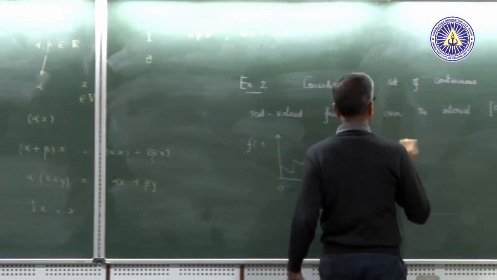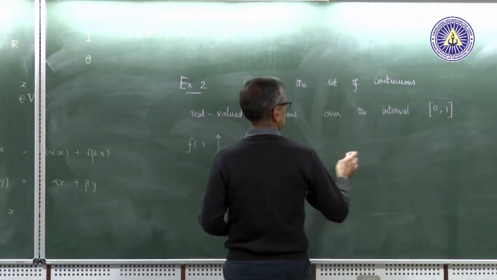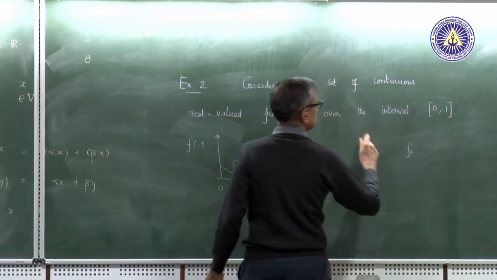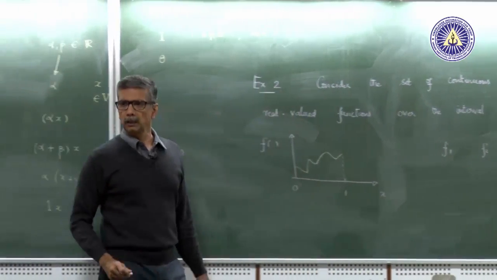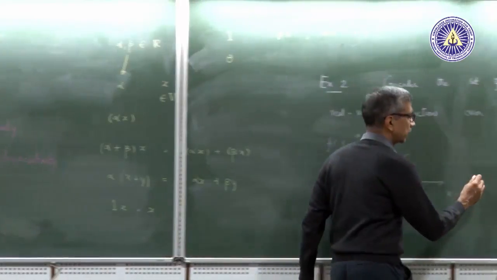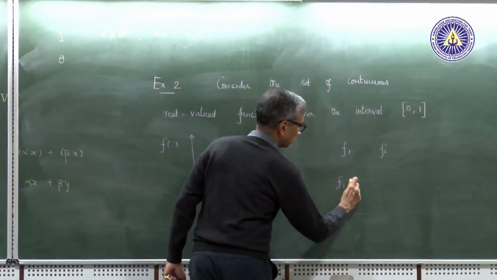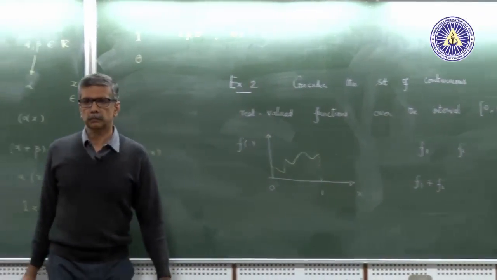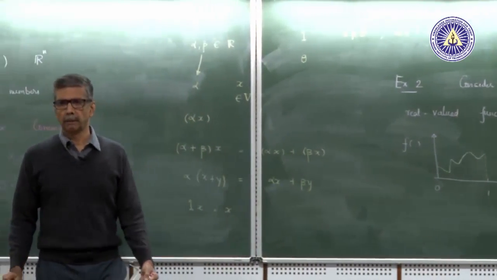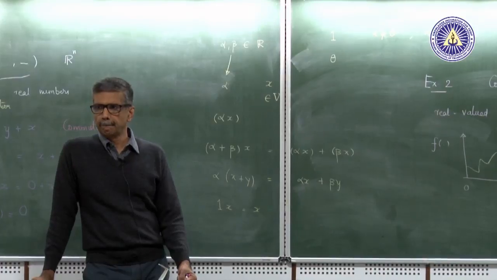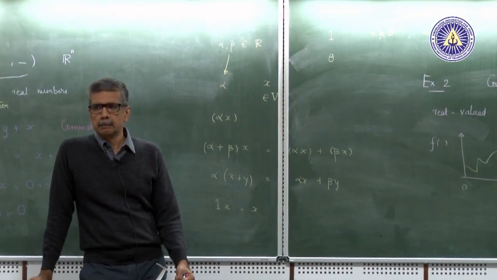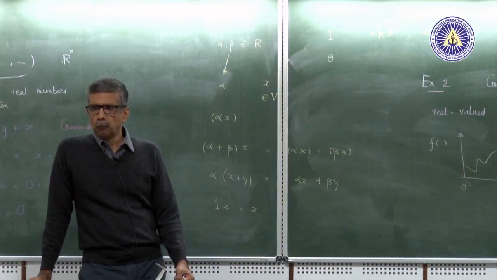Suppose I gave you two functions f1, f2, both of which are continuous over 0, 1. How would you define that function f1 plus f2?